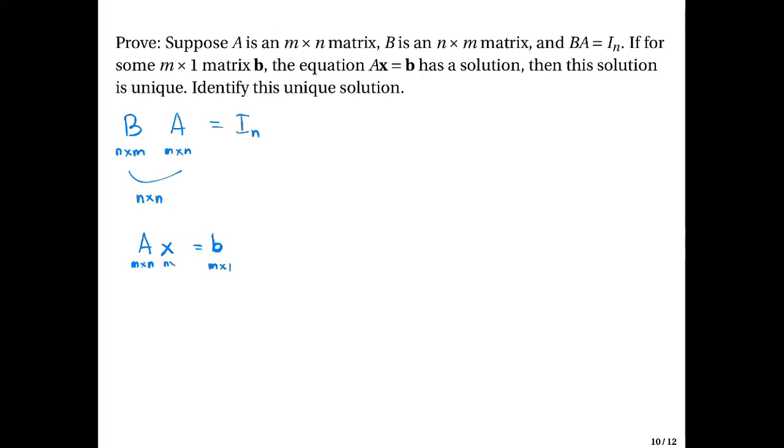This should be N by 1. But it should be automatic. If you multiply these two, you will indeed get an M by 1 matrix. So all of these things here make sense.